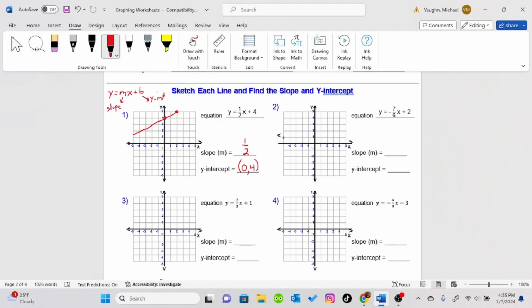Now we can look at number 2. Again, start with the y-intercept, which is the number that's by itself. In number 2, that is positive 2. So my y-intercept is 0, positive 2. And that's where I'm going to put my point on the y-axis. My slope is negative 7/6 because that's the number in front of the x.